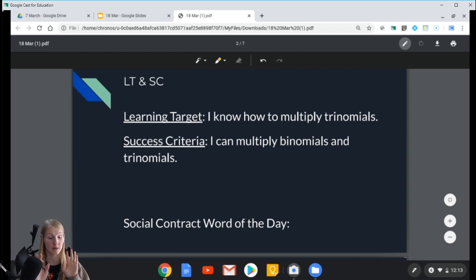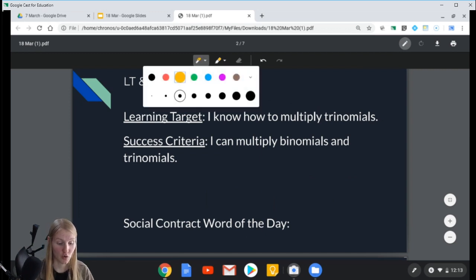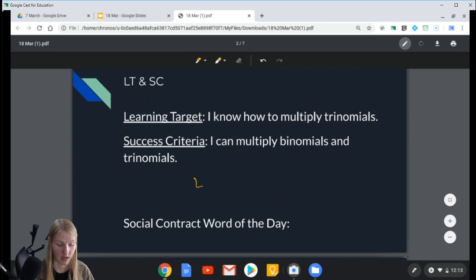Remember that binomials have two terms, so that's something like 2x plus 5. That's a binomial. A trinomial has 3 terms, so something like this would be considered a trinomial, because I have 1, 2, 3 terms. Here I have 1, 2 terms.